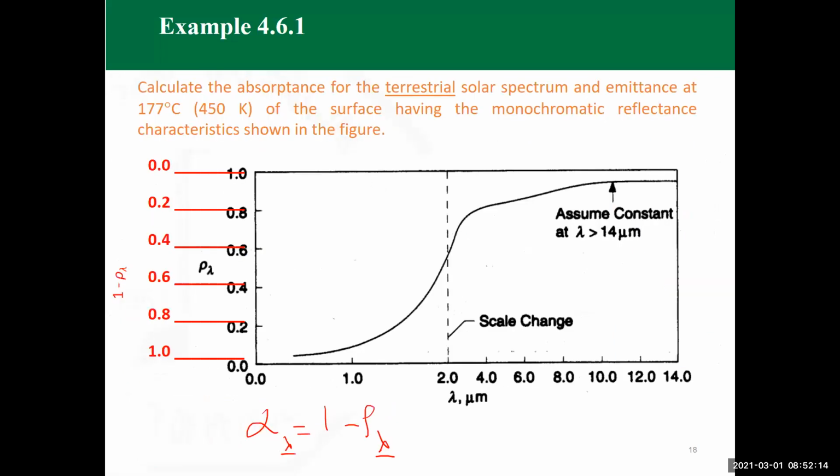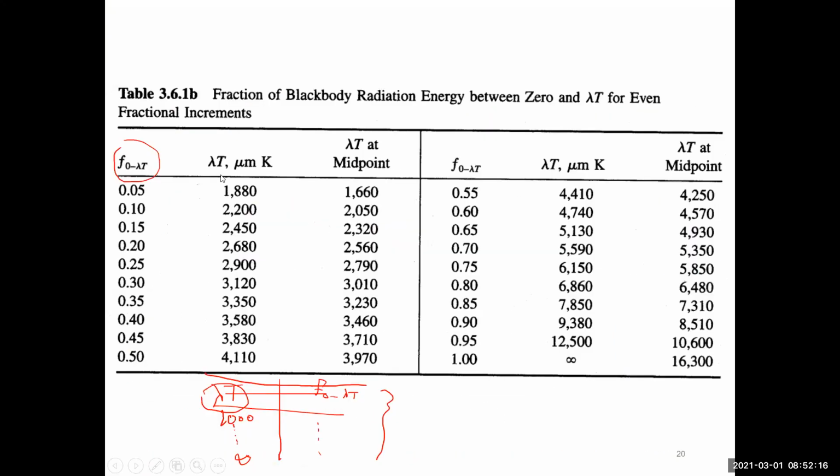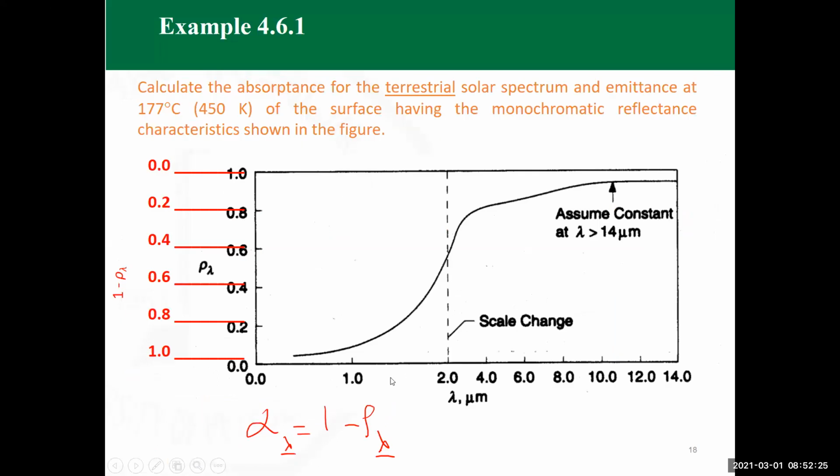Once we get the value of lambda T, we divide it by the temperature, we get the value of lambda, and for the corresponding lambda, we go to the figure and get the value of rho. And we sum it all. Integration is a summation, so we sum it all, and then we see what's the representative value of rho.